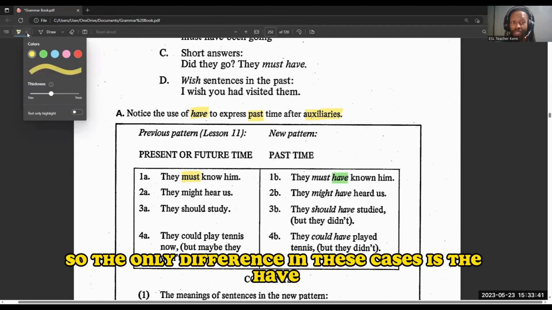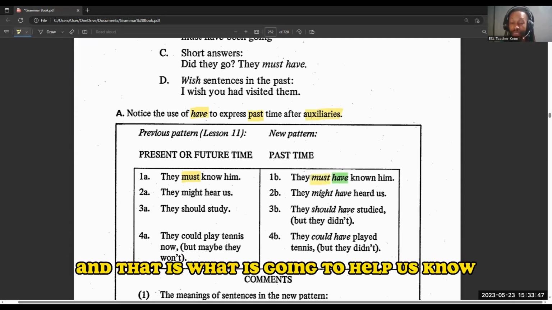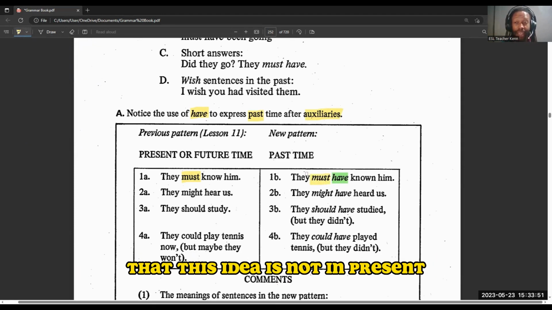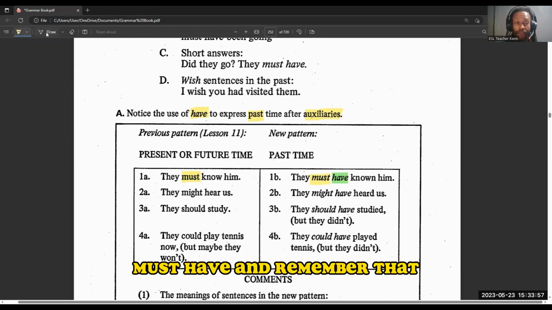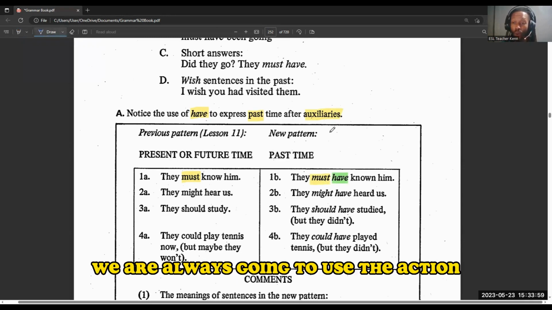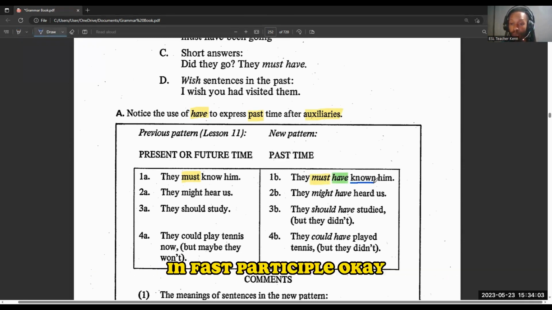So the only difference in these cases is the have, and that is what is going to help us know that this idea is not in present. Must have, and remember that we are always going to use the action in past participle.